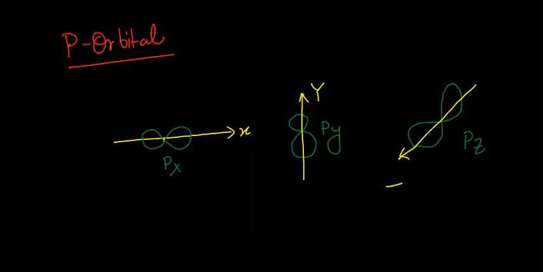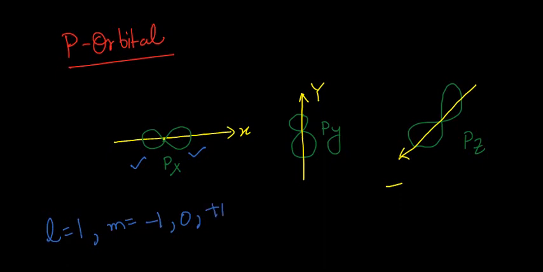Now for the p orbital, the probability of finding the p electron is maximum in two lobes on the opposite side of the nucleus. This gives rise to a dumbbell shape for the p orbital. For p orbital, l equals 1. Let us write this down. l equals 1, m equals -1, 0 and +1.